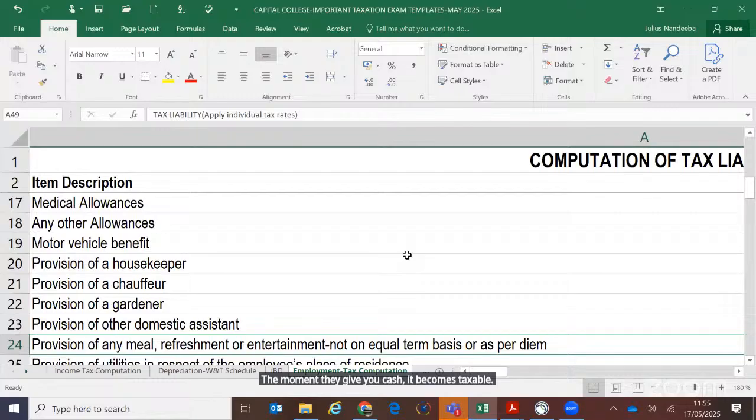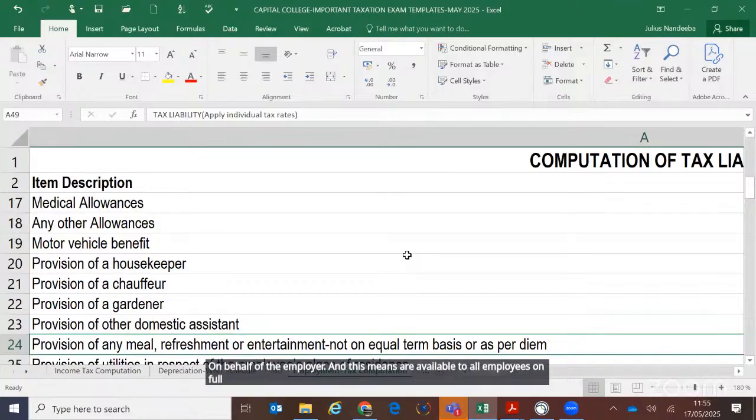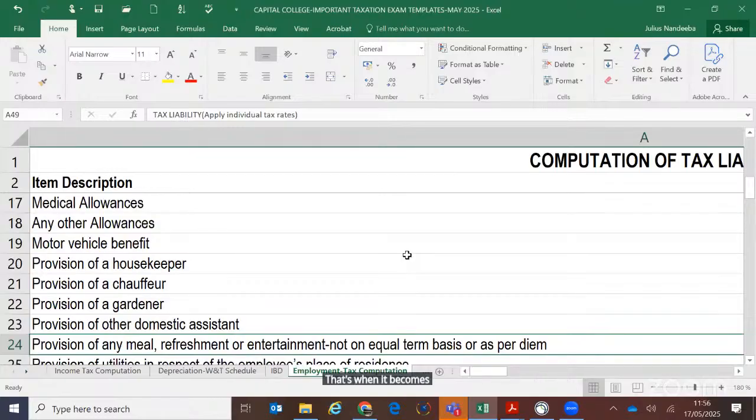The moment they give you meals in your premises, or premises operated on behalf of the employer, and these meals are available to all employees on full-time basis, that's when it becomes non-taxable. Again, if you're giving meals to your staff, but on different values, the MD eats food of 100,000, the other staff eats food of 50,000, it becomes taxable.